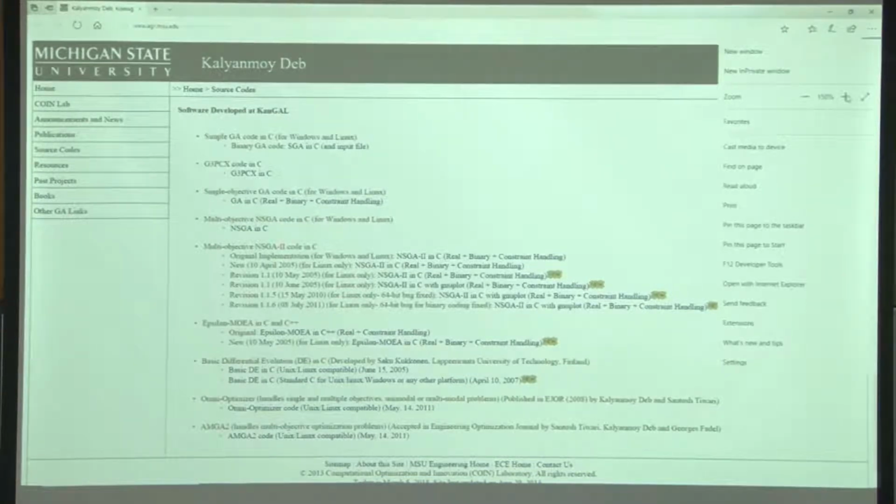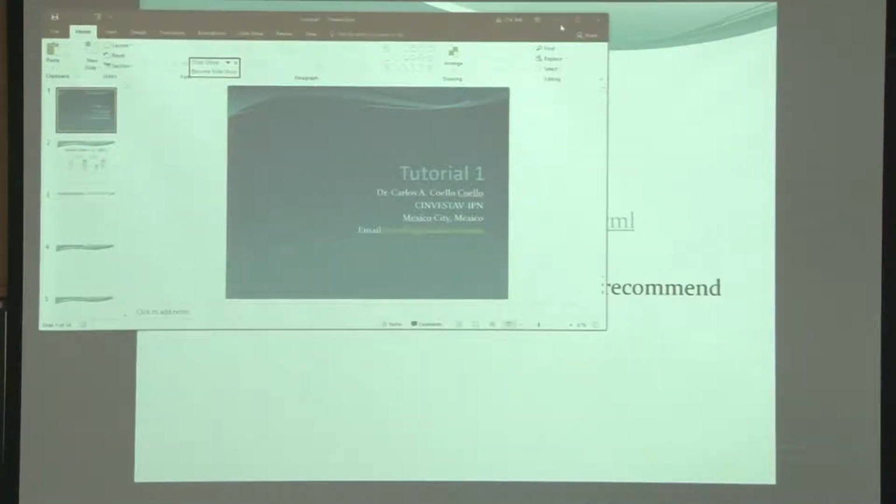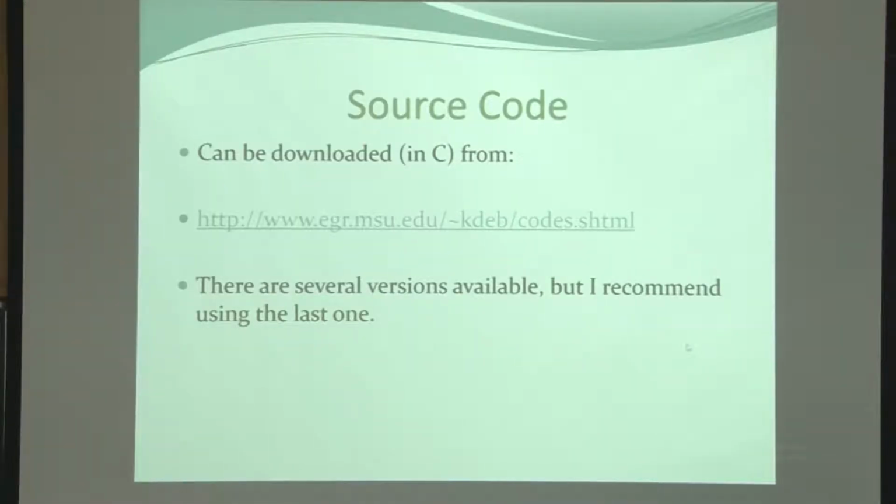And this is the original NSGA, which is now there, finally. So if you want to get the code, you can go there. And my advice is, if you develop something, you should put it on the internet or don't publish that, because if you want people to use it, you have to put the code. Don't be afraid.